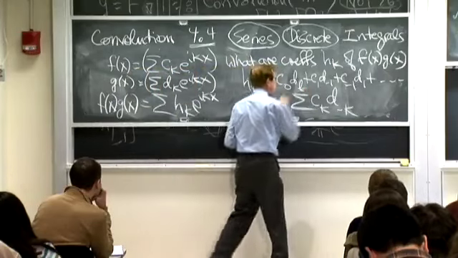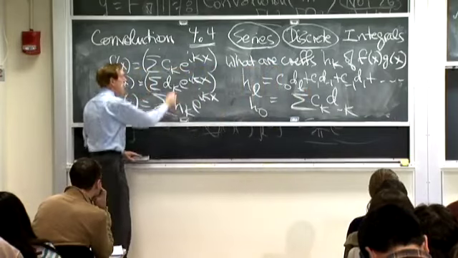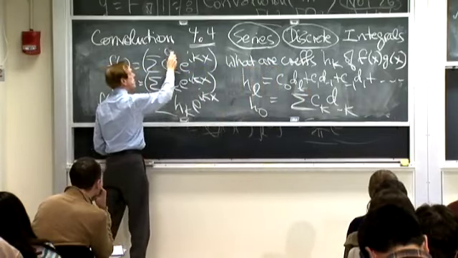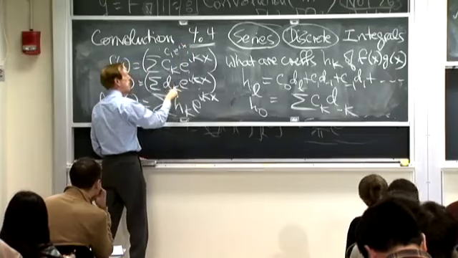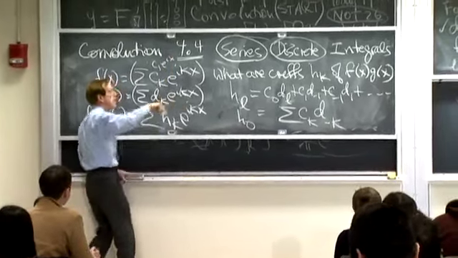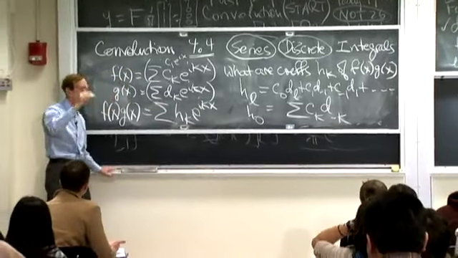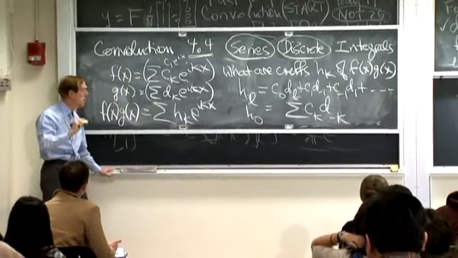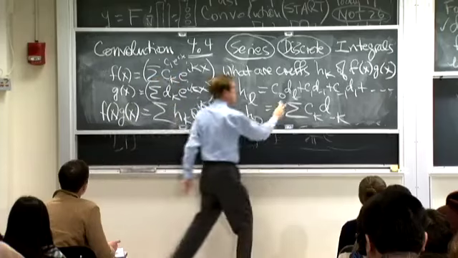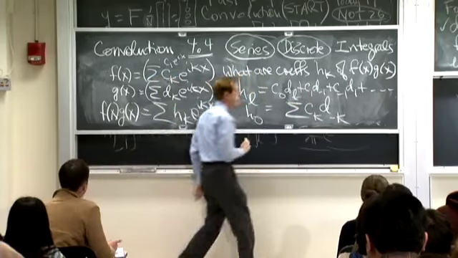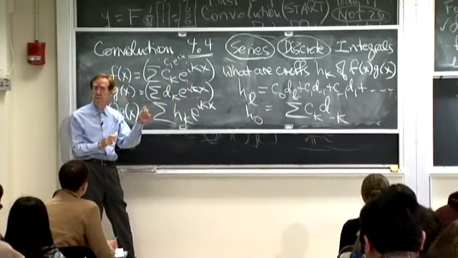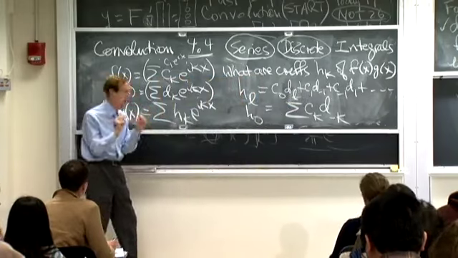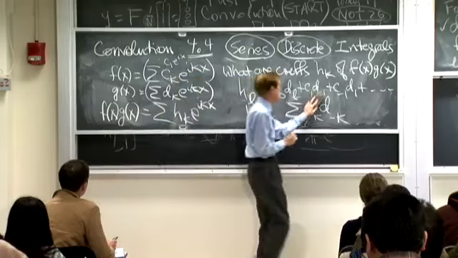And what about for c1? I have a c1 e to the i 1x. What does it multiply down here to get the exponential to be e to the ilx? It multiplies d l minus 1. Good. L minus 1, right.